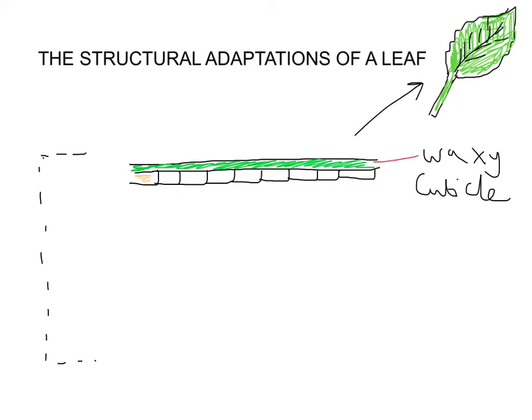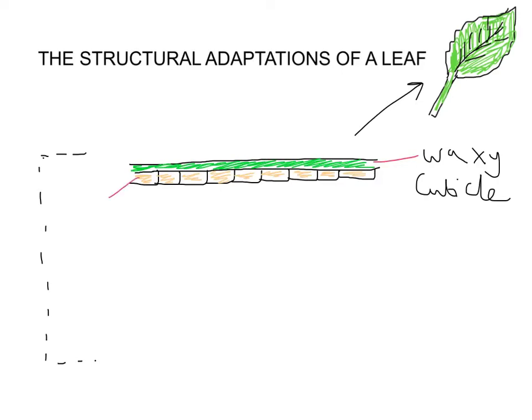You have at the top, just beneath that waxy cuticle, a single layer of cells. It's a single layer of transparent cells, and their job is to enable light to enter the leaf. Photosynthesis requires light energy, so light's going to hit the top surface of the leaf and penetrate through these particular cells.